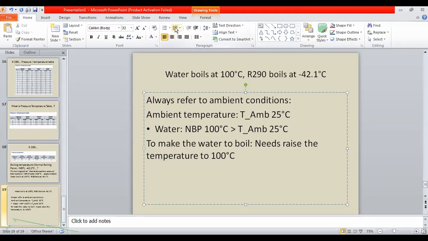Now the point. R290. Still the same ambient temperature.